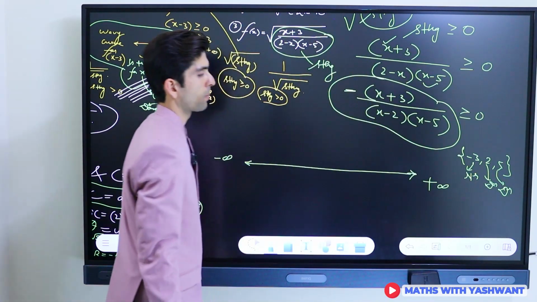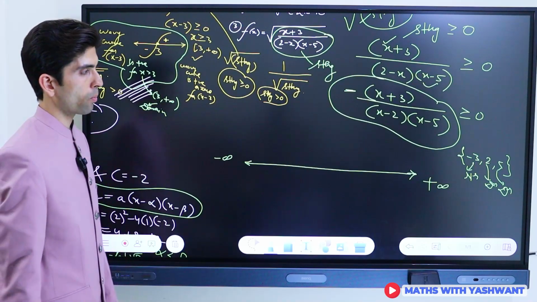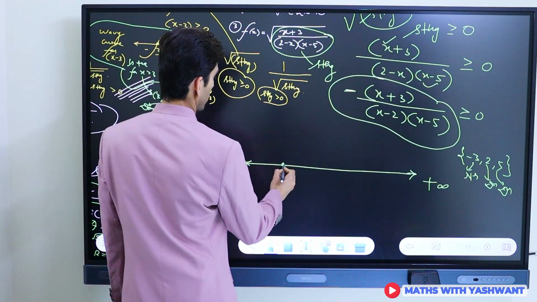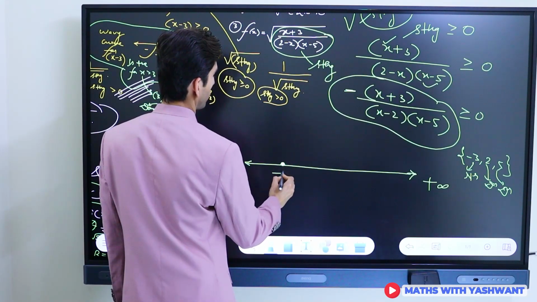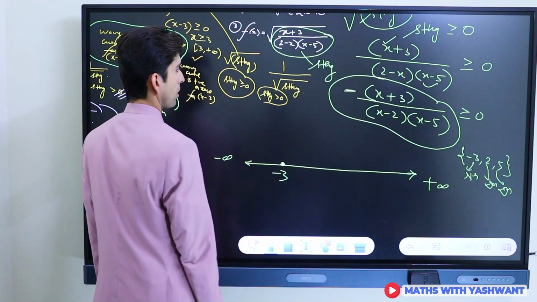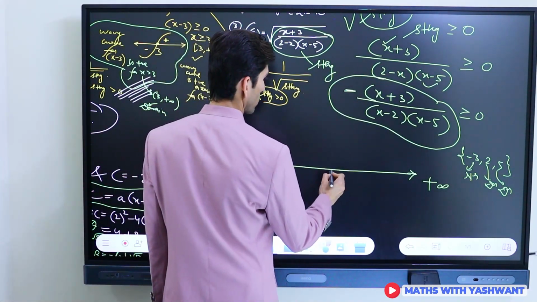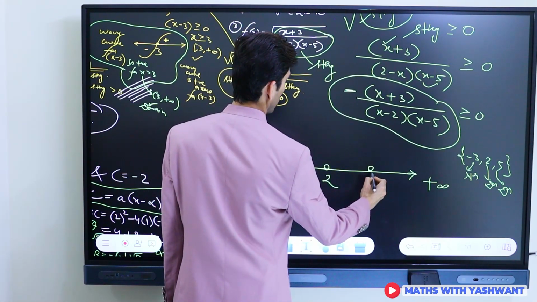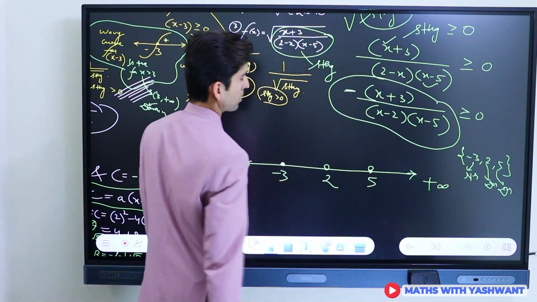So we mark the critical points that come from the factors in the denominator using open circles, and we plot them in ascending order as well. So minus 3 we have a filled circle because it is coming from the factor of the numerator, and 2 we have an open circle, and 5 as well we have an open circle because they are coming from the denominator.